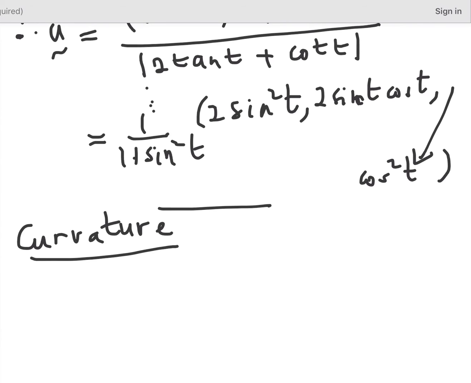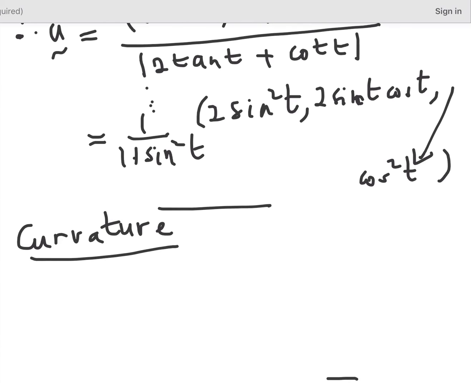Since the vector u represents the unit tangent vector, we take the vector u, differentiate it with respect to the arc length, s, so that's du ds. And since the curvature is going to be a number, remember du ds will be a vector, we take the mod of du ds and define that as the curvature.